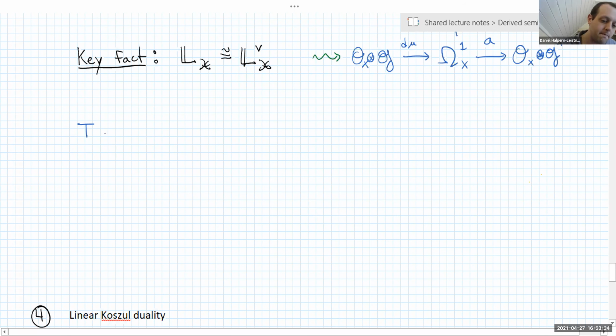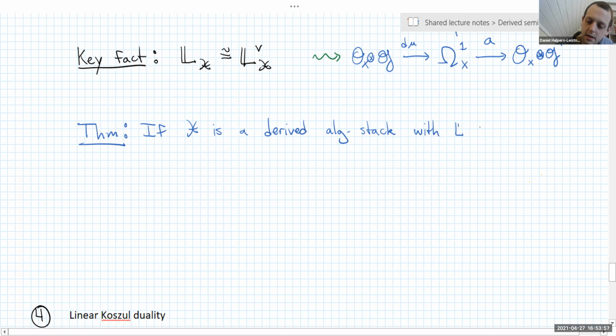So a theorem is that if X is a quasi-smooth derived stack with self-dual cotangent complex, and X classical has a good moduli space.